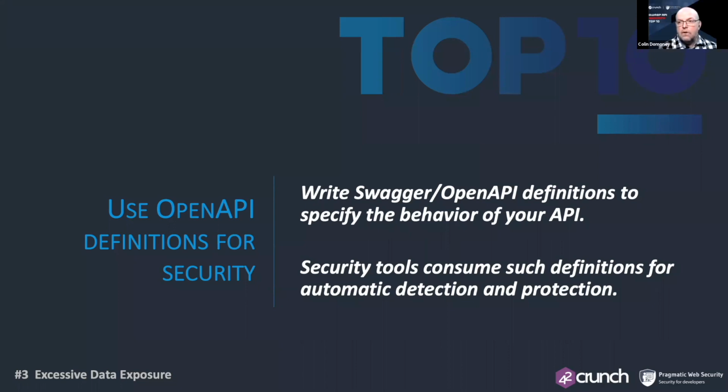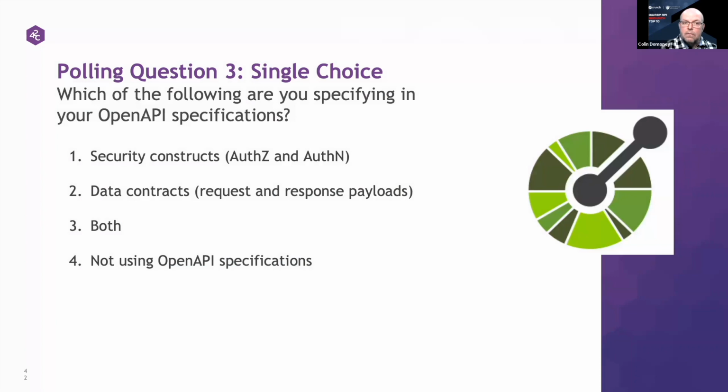No, I think it's a good time to put the next question up because it relates exactly to this point. The OpenAPI spec is there to help you on a number of fronts: writing your code, generating stubs, generating mocks, whatever you want, but it also helps with security.